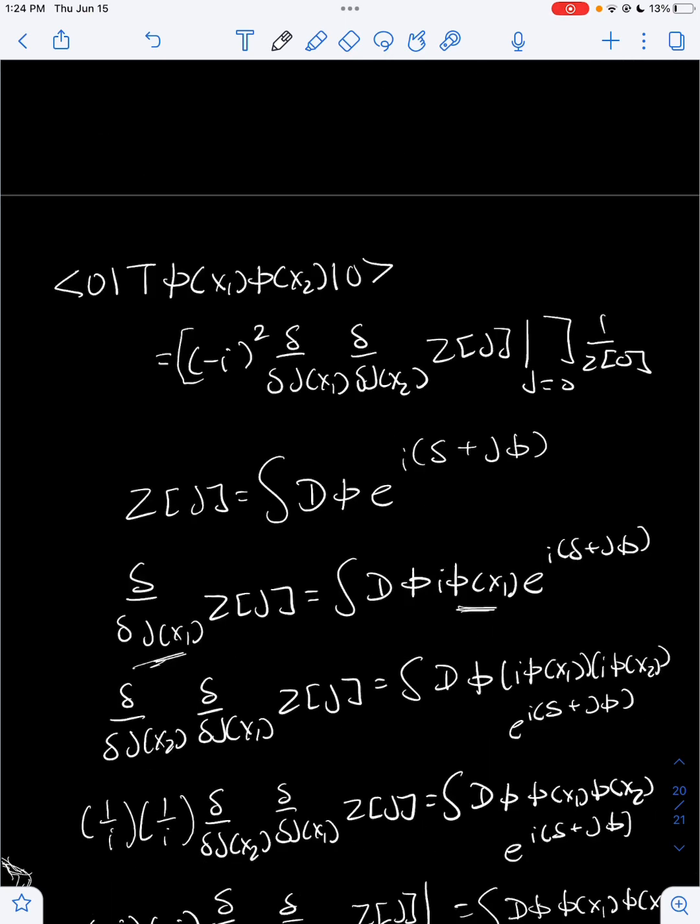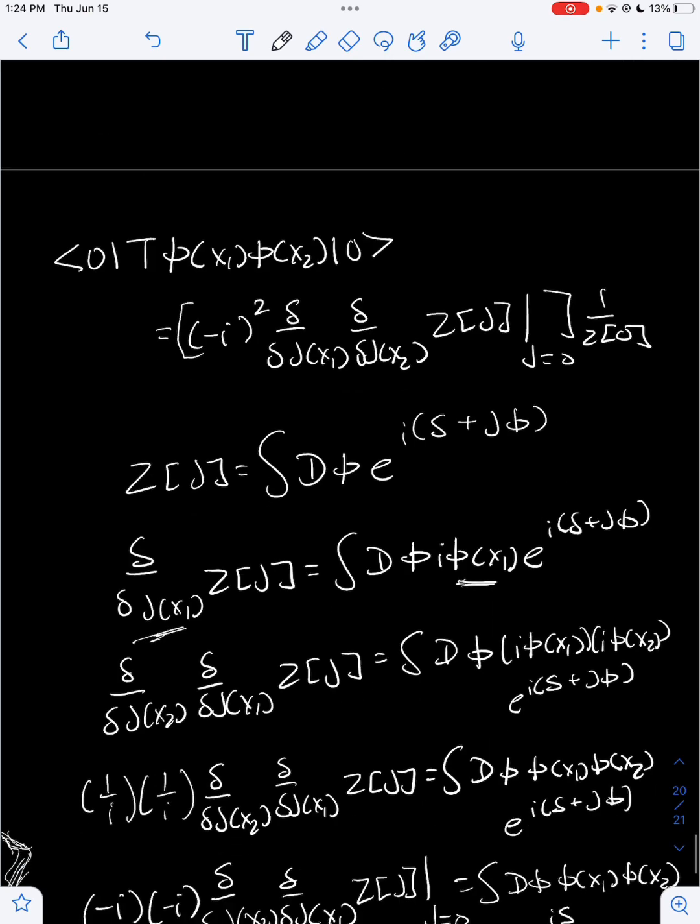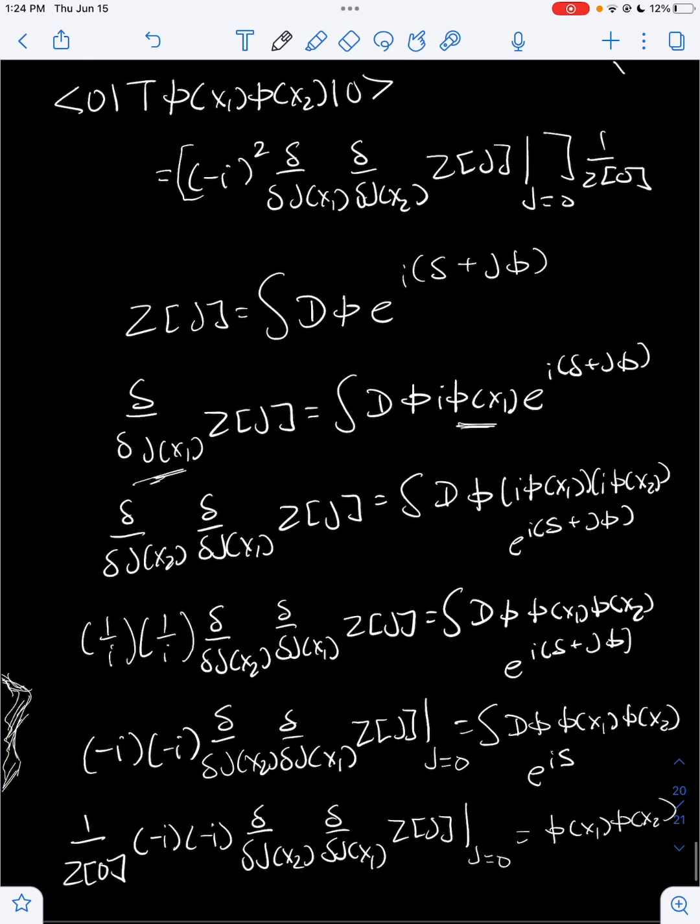Whenever we take the derivatives of functions, the result should depend on what the function depends on, because if it didn't, then we would just get 0 as a result. So that is why we have phi of x1. Same just here, we'd have x2 if you take the derivative with respect to J of x2.